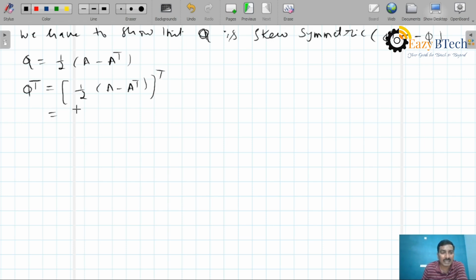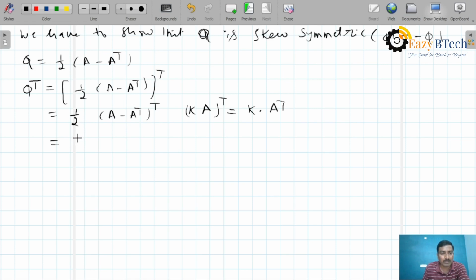Which property did I apply here? Constant into A whole transpose can be written as constant times A transpose. According to this property, here 1 by 2 is the constant. That's why we can write 1 by 2 into (A minus A transpose) whole transpose.